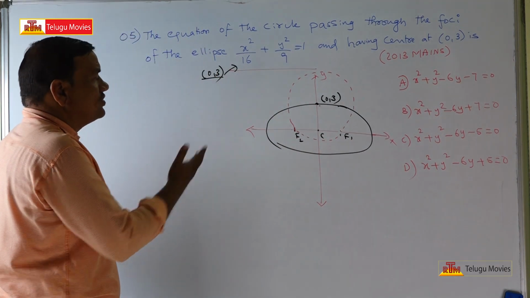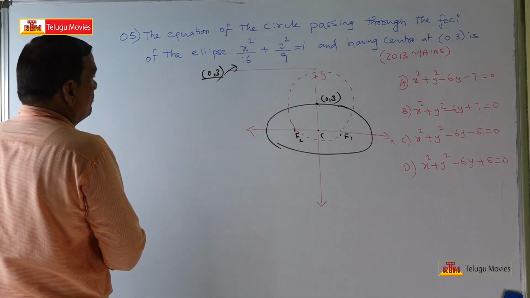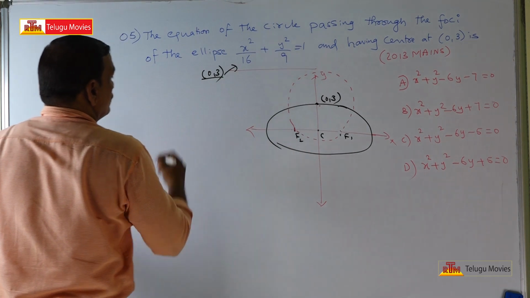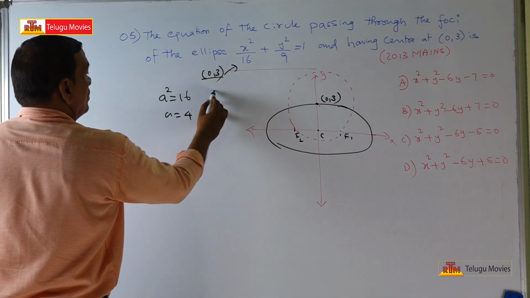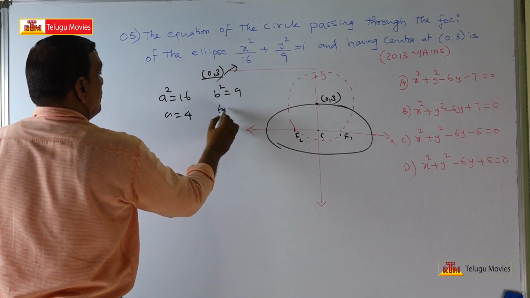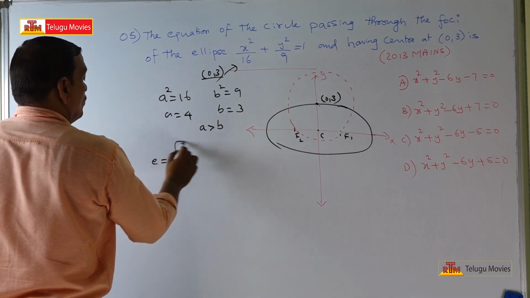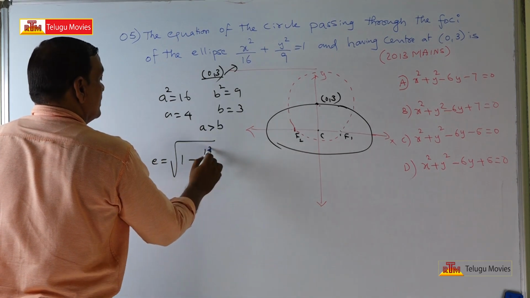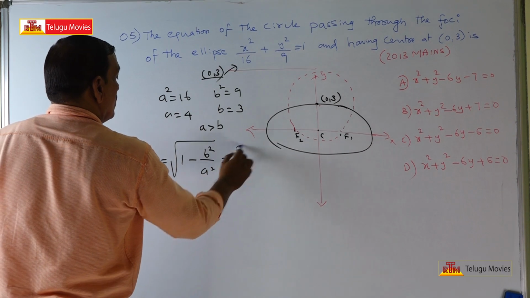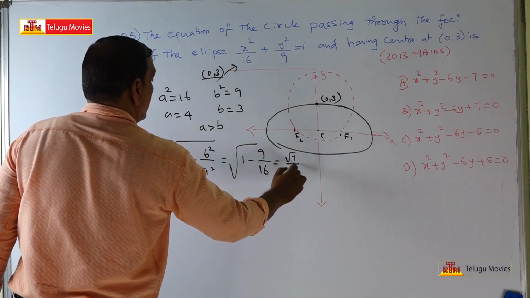Okay, now, first to find the foci. If you observe here, this is the equation of the ellipse, x square by a square. So here a square is equal to 16, the a value is 4, b square is equal to 9, the b value is 3, a greater than b. What is the eccentricity? Root of 1 minus b square by a square, that is root of 1 minus 9 by 16, that is root 7 by 4.